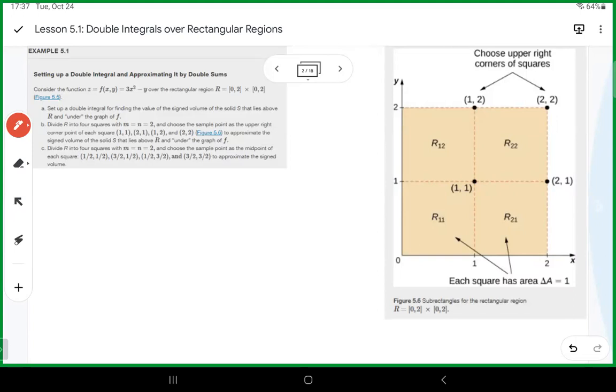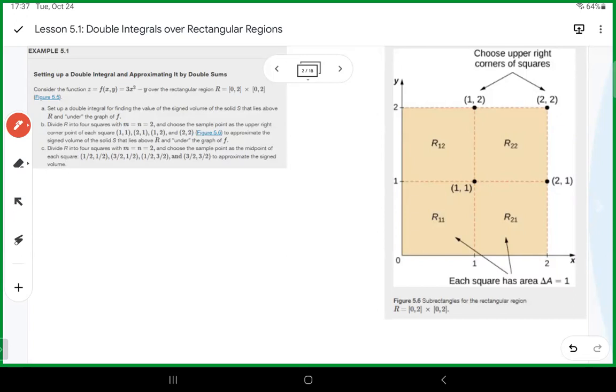To find the signed volume of S, we need to divide the region R into smaller rectangles, which is why you see the 4 regions in the image. Each has area delta A and sides delta x and delta y, and we want to choose arbitrary points as sample points in each subregion.